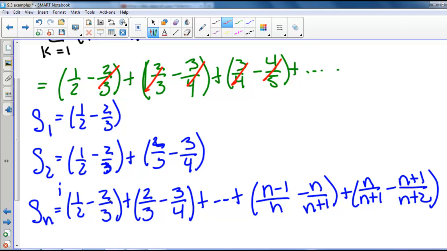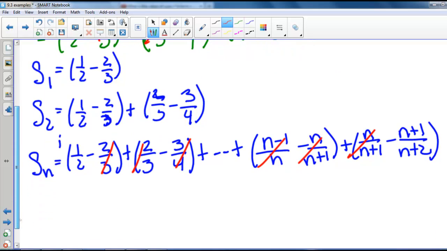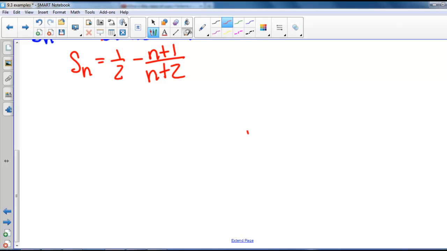So we see some of our terms will cancel, and we'll be left with our first term and our last term. So S sub n equals 1/2 minus n plus 1 over n plus 2. Now we're going to look at the limit as n goes to infinity of S sub n. So the limit as n goes to infinity of 1/2 minus n plus 1 over n plus 2.